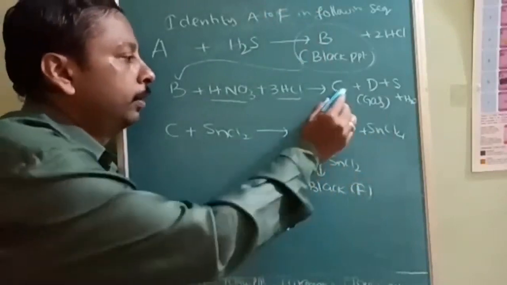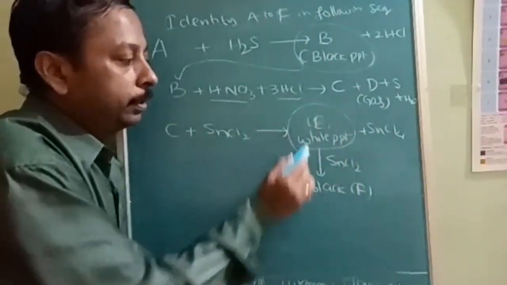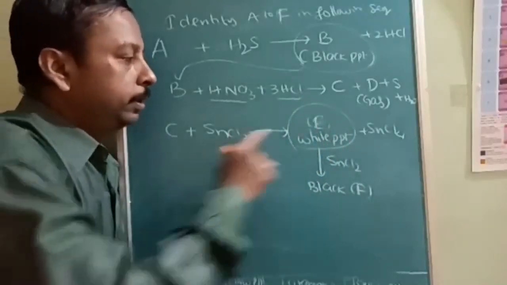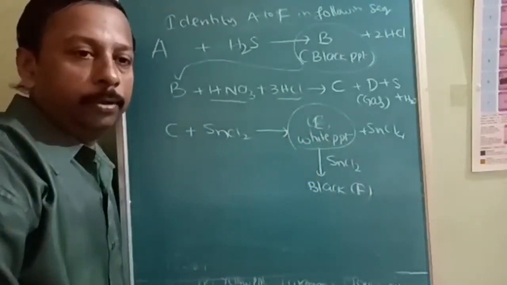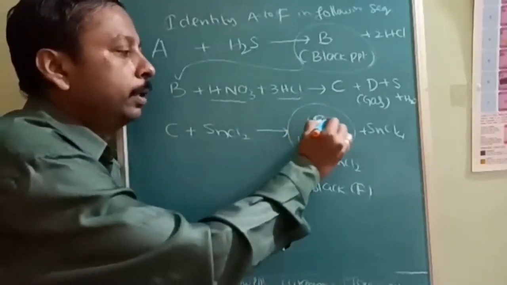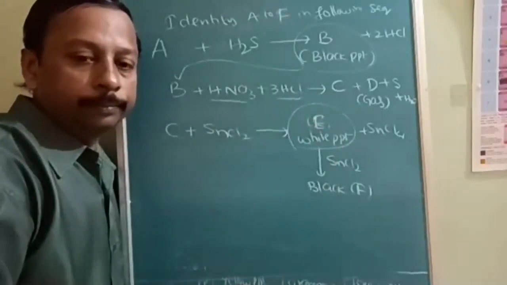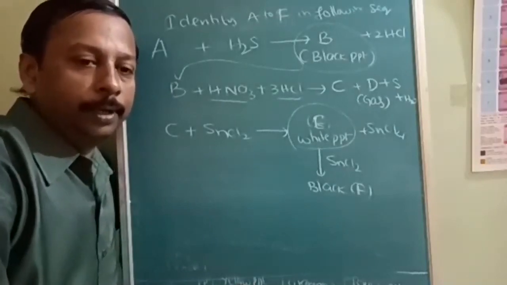Now that C, when treated with SnCl2, gives a white precipitate. This is very important. I am giving you a hint also: here C will be in the higher oxidation state, reduced, and further reduced. Try and let me know the answer and I will explain.